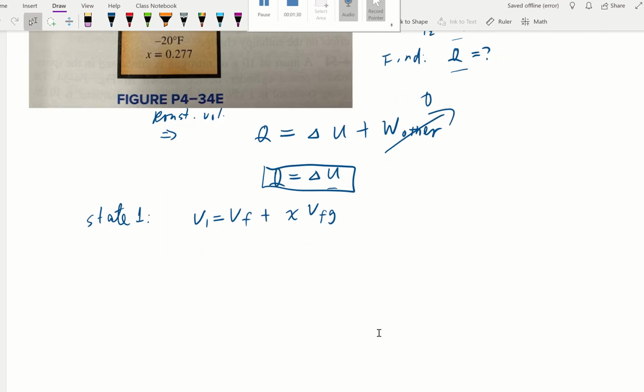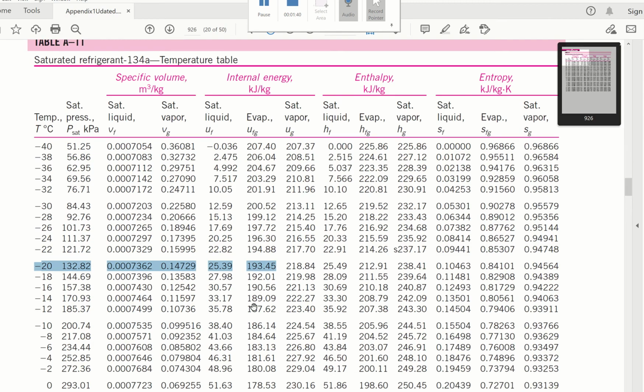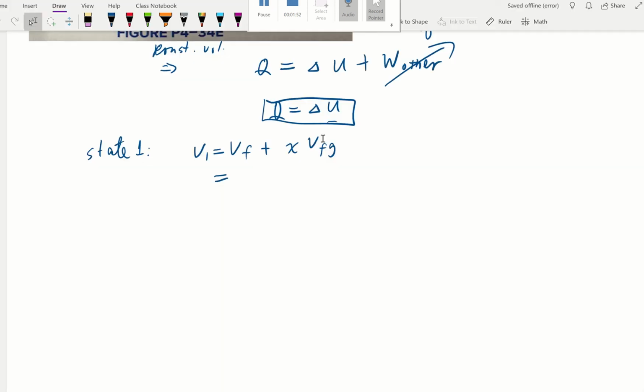Okay, so we're going to look at the table. This is at -20 Fahrenheit. At -20 Fahrenheit, we're not going to use A11, because that one is not in English units.